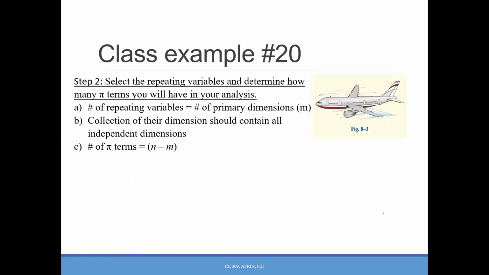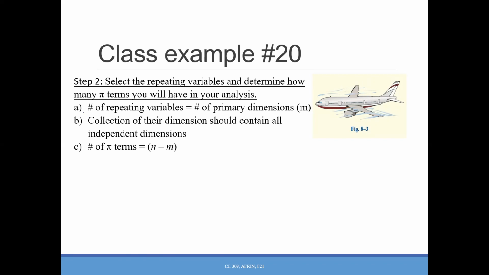Select the repeating variables and determine how many pi terms you will have in your analysis. As I said, for each pi term, there will be some variables. You will have those variables in every pi term, and that's why it's called the repeating variable. To choose the repeating variables, we need to consider some things.